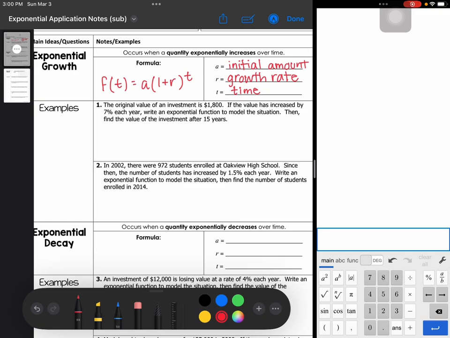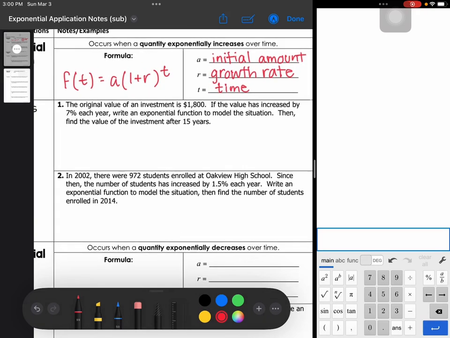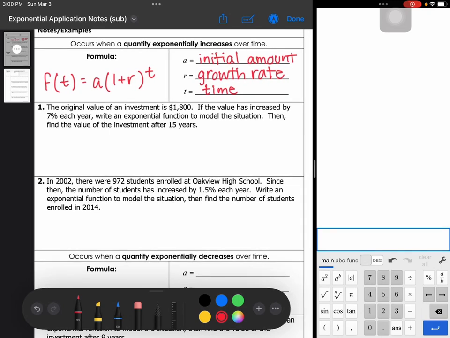So we're going to look at two exponential growth examples. We're going to use this formula for both of them. The first says the original value of an investment is $1,800. If the value has increased by 7% each year, write an exponential function to model the situation. Then find the value of the investment after 15 years.